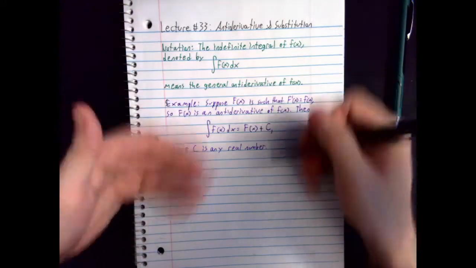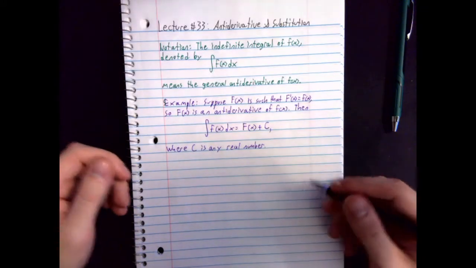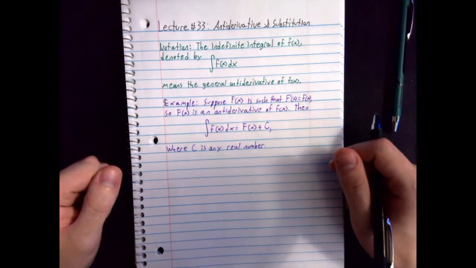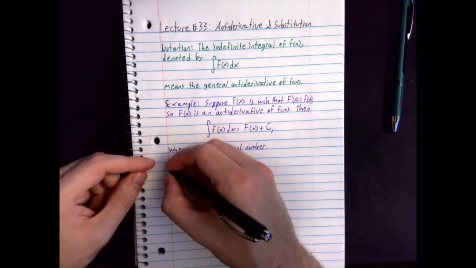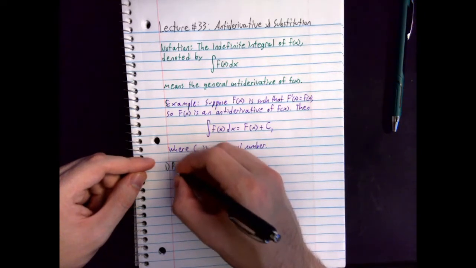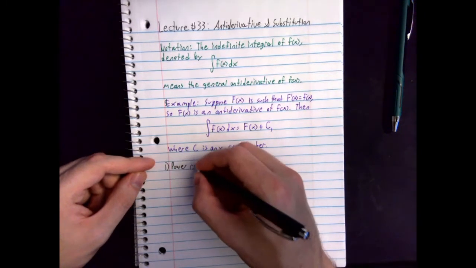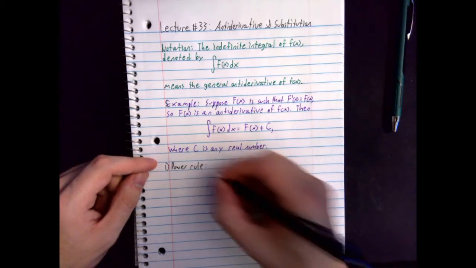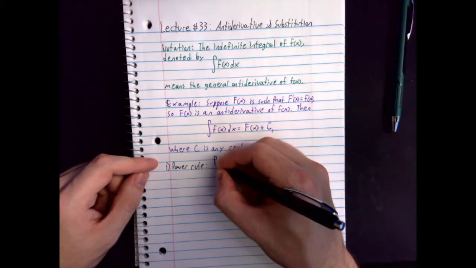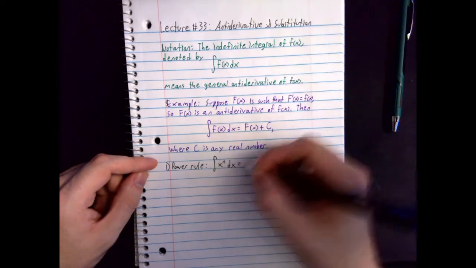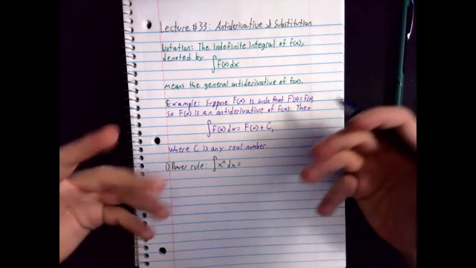So now that we've got this notation, let's go ahead and list down a bunch of antiderivatives. Okay? So we'll just start making a list here. The power rule, one of the first derivatives that we learned, well, the antiderivative is fairly straightforward. So the antiderivative of x to the n dx is equal to, well, what does the normal power rule say?